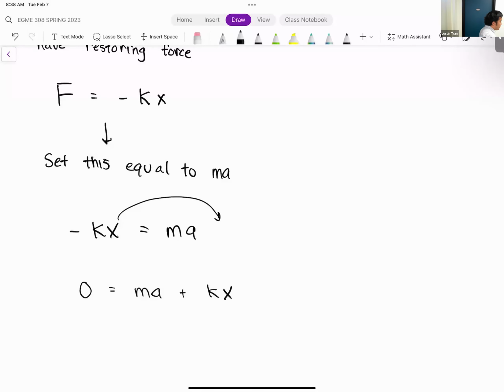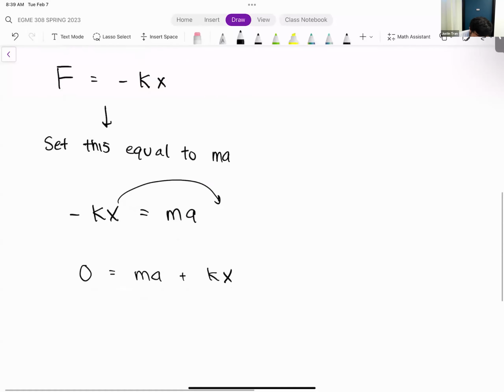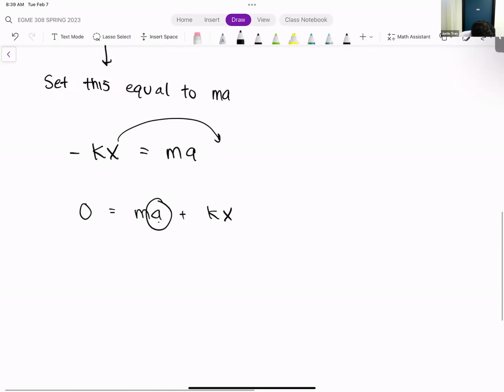And I'm going to do one more thing. We know that the acceleration and the displacement of an object are related in terms of derivatives, right? One way that we can represent the acceleration is as the double derivative with respect to time of the position.